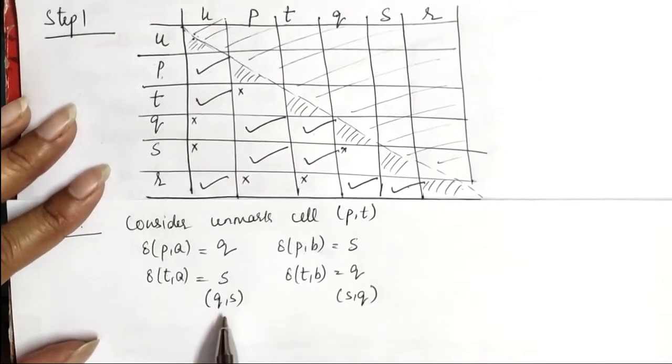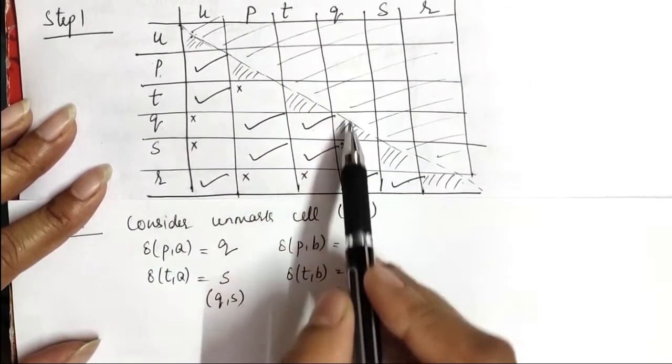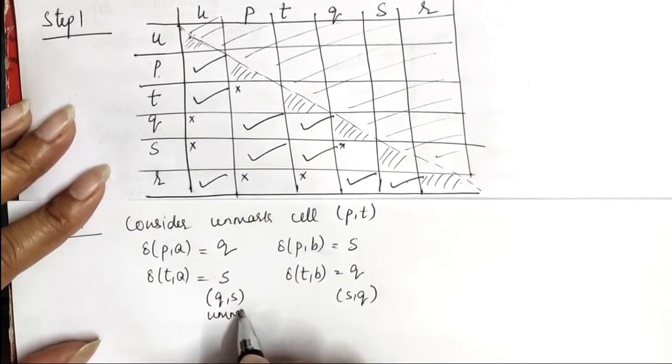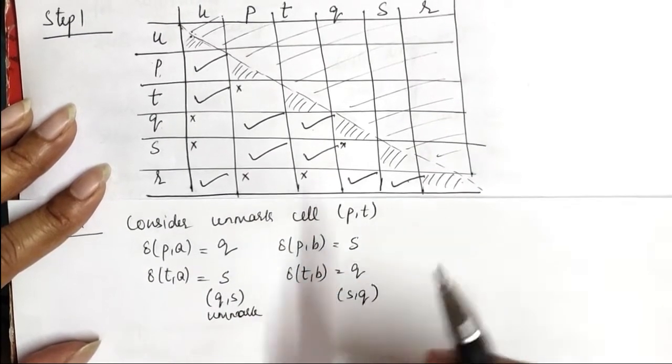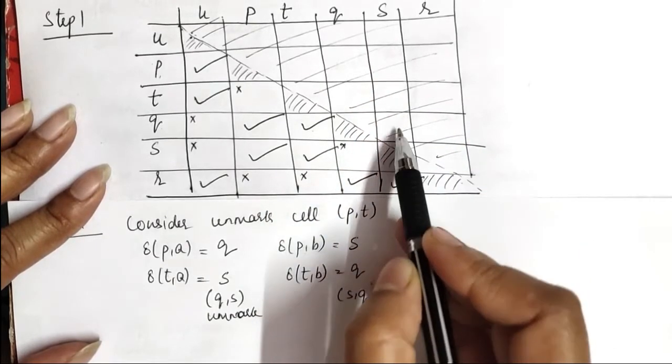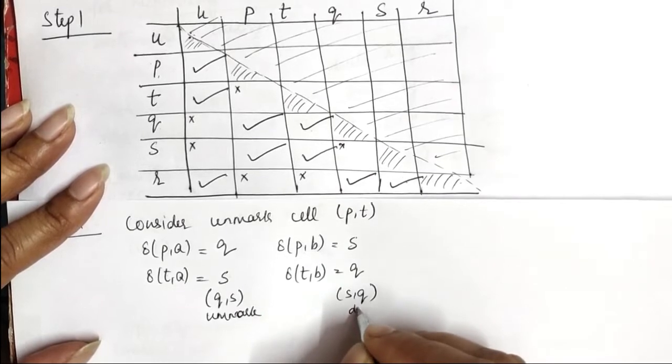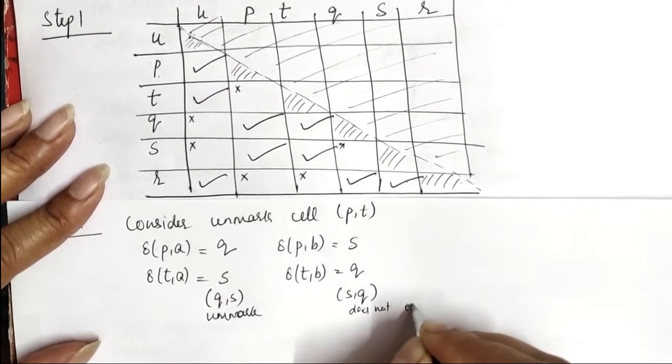Q comma S is unmarked, and S comma Q does not exist.